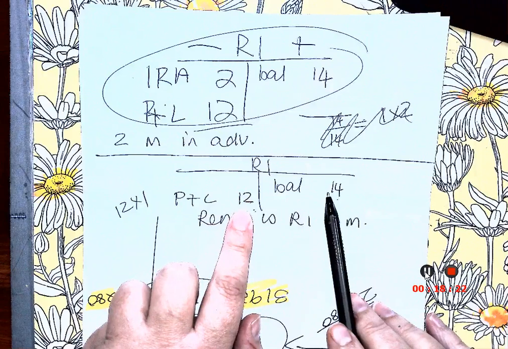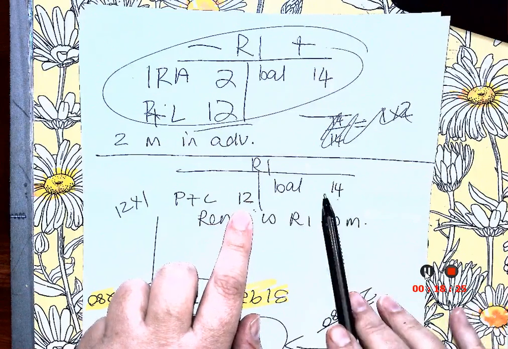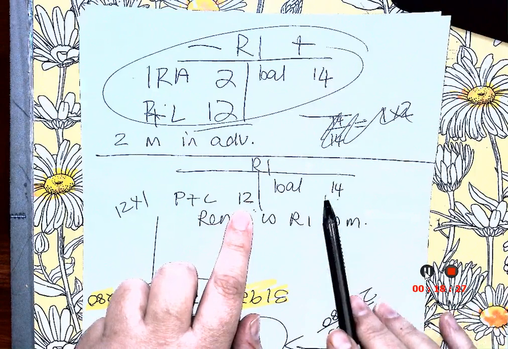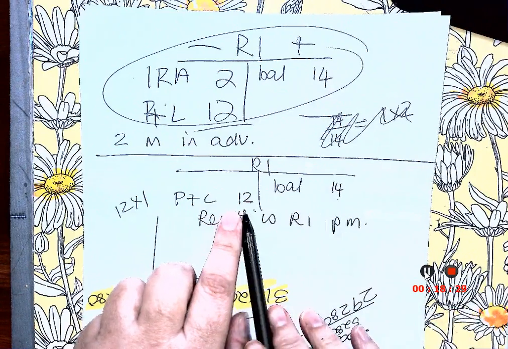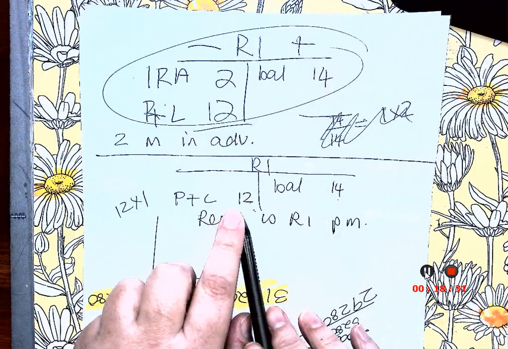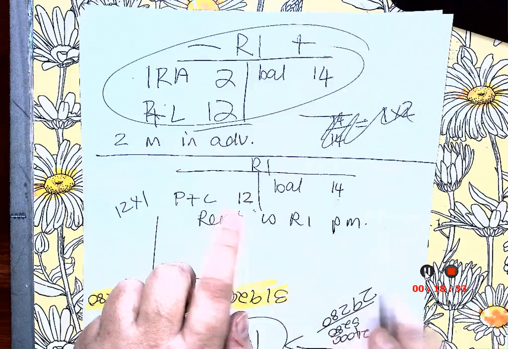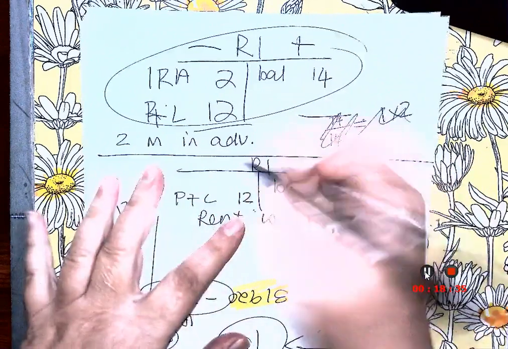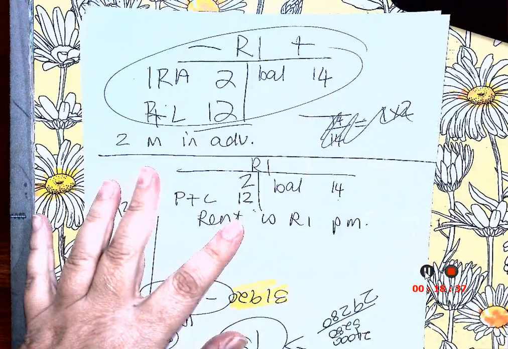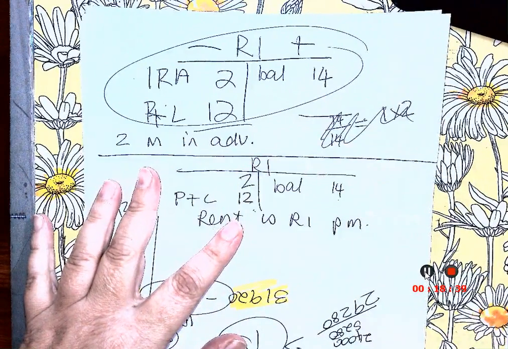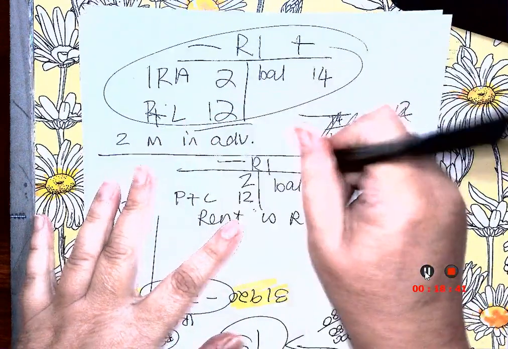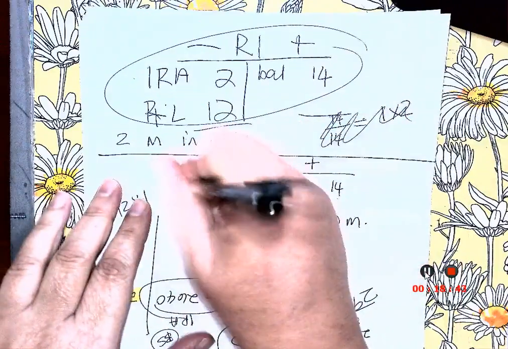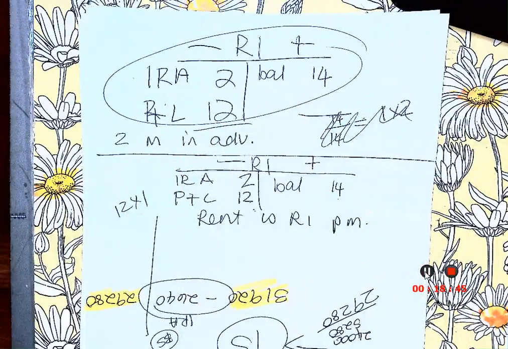You see? He overpaid me. Am I going to show the 14 or the 12? The 12. How will I show the 12? I will say the 14 less 2 gives me 12. And what do I always less if it's an adjustment? The income in advance. Do you guys get it now?